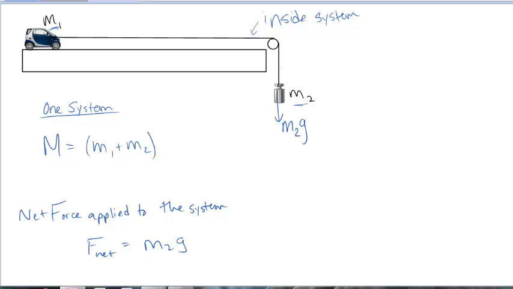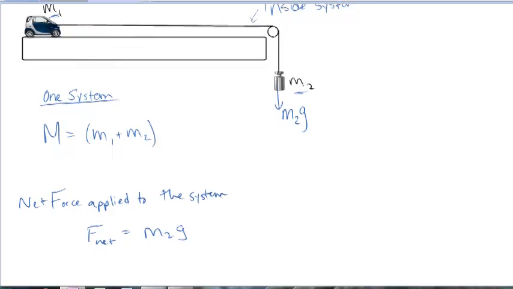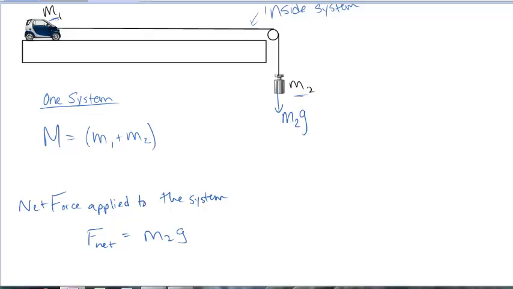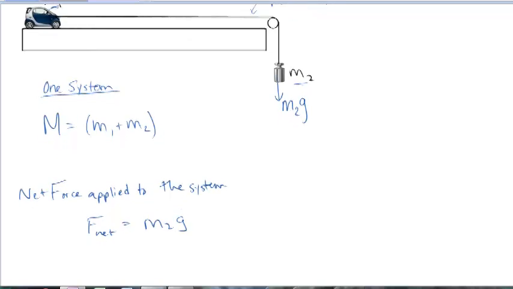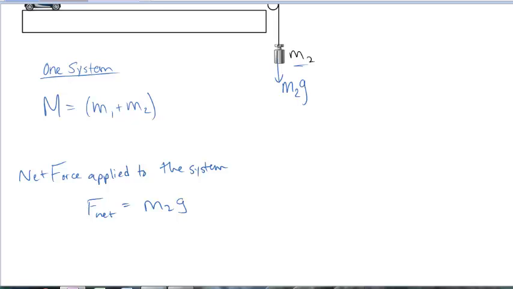The tension is here, but the tension is inside the system, so we're not taking that into account. This idea of a closed system that includes some of these things is a complicated idea, but it can really simplify things for us. So this is the force applied. If we apply a certain amount of force to some mass, we can figure out exactly how it's going to accelerate.